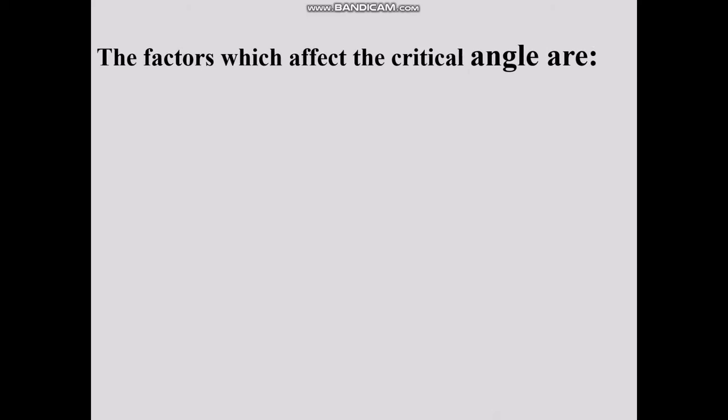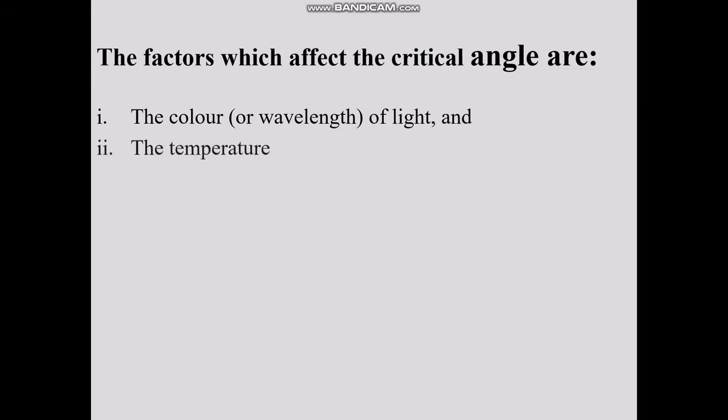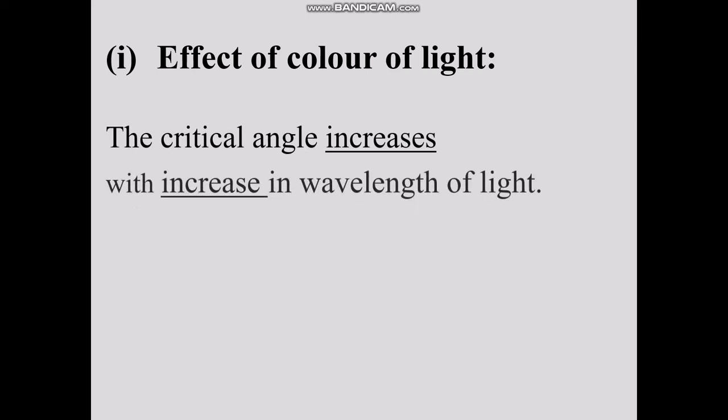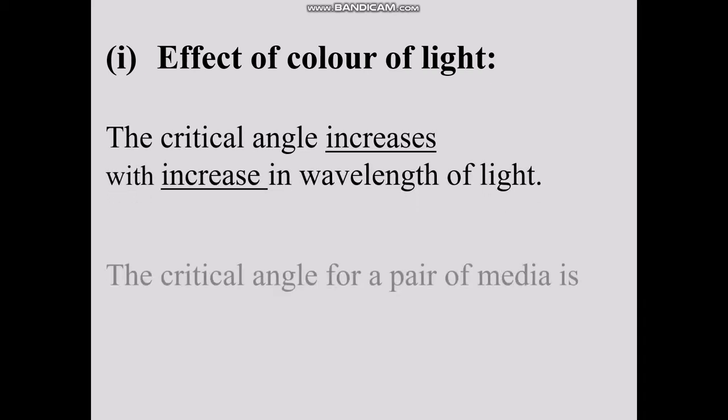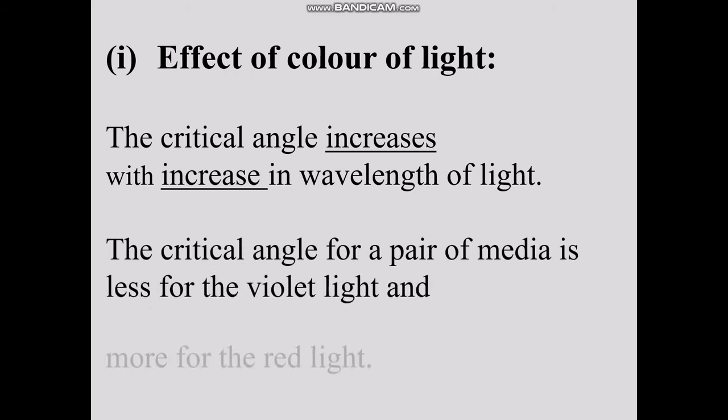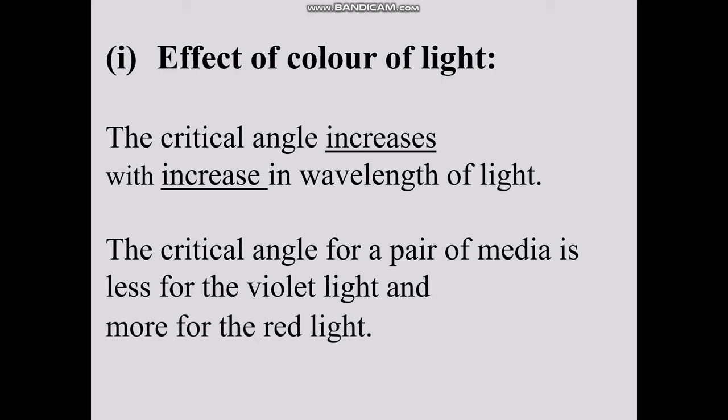Now, let's see what are the factors which affect the critical angle. First, the color or wavelength of light, and second, the temperature. Now, how does the color affect the critical angle? The critical angle increases with increase in wavelength of light. The critical angle for a pair of media is less for violet light and more for the red light.